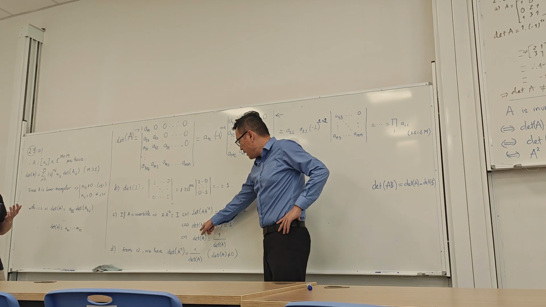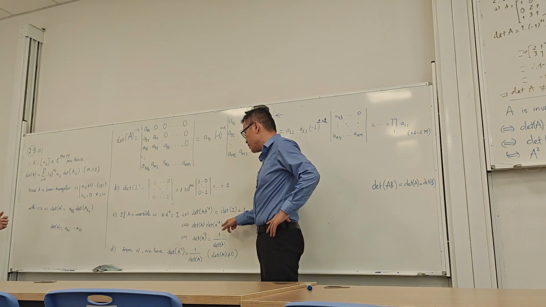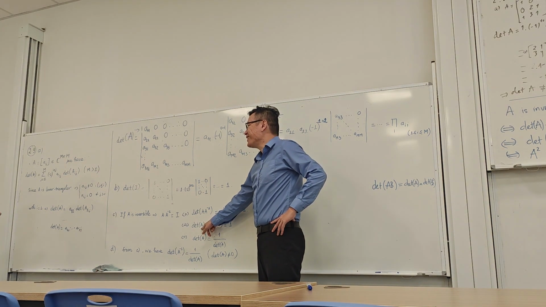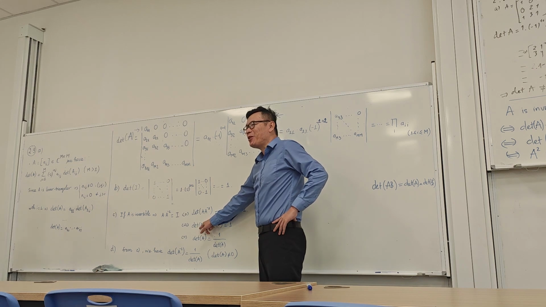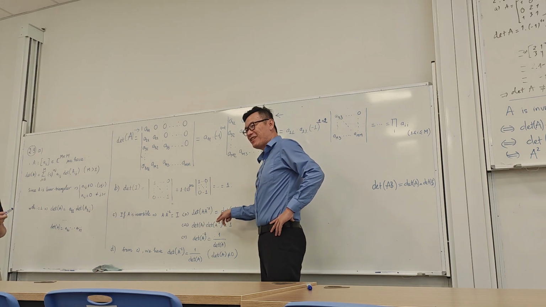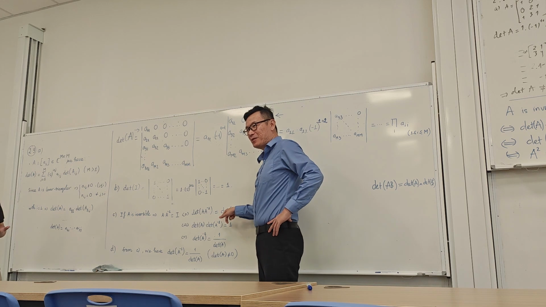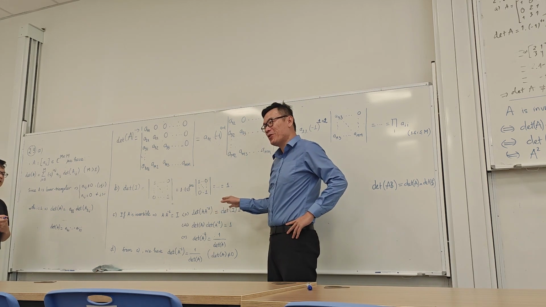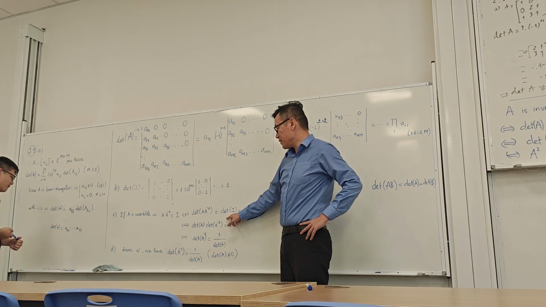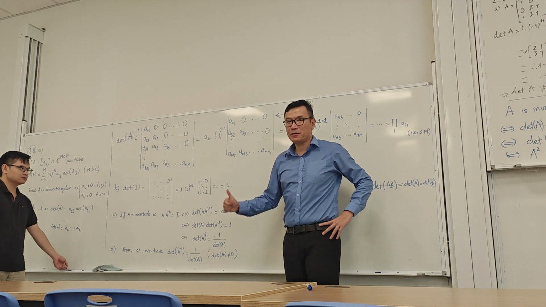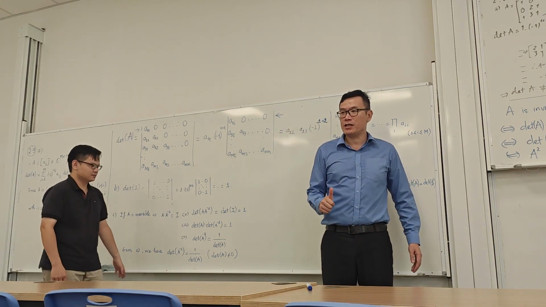You see, that determinant of A times determinant of A inverse equal 1, so determinant of A cannot be 0 for sure. Because if determinant of A equal to 0, then we don't have this identity, because you don't multiply by anything to get 0. Then you can start from here. Okay, good. Is it okay, everyone? Any questions?